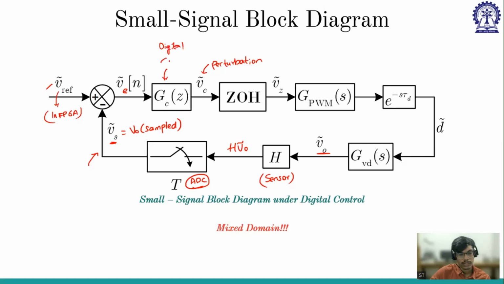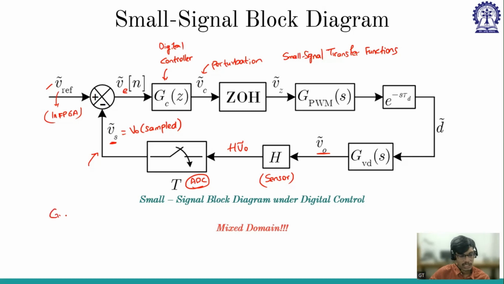Sir, small signal means we are already assuming it has reached the steady state. Yes, so around the steady state we are designing. Whenever you are using transfer functions to design the controller, those are perturbed small signal transfer functions.